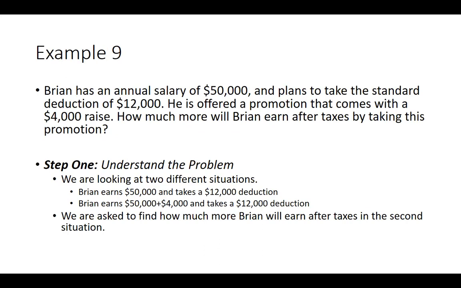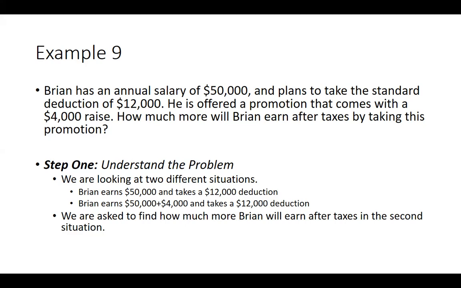Brian has an annual salary of $50,000 and plans to take the standard deduction of $12,000. He is offered a promotion that comes with a $4,000 raise. How much more will Brian earn after taxes by taking this promotion? So we're looking at two different situations. Brian earns $50,000 and takes a $12,000 deduction, and Brian earns $50,000 plus $4,000 and takes a $12,000 deduction.